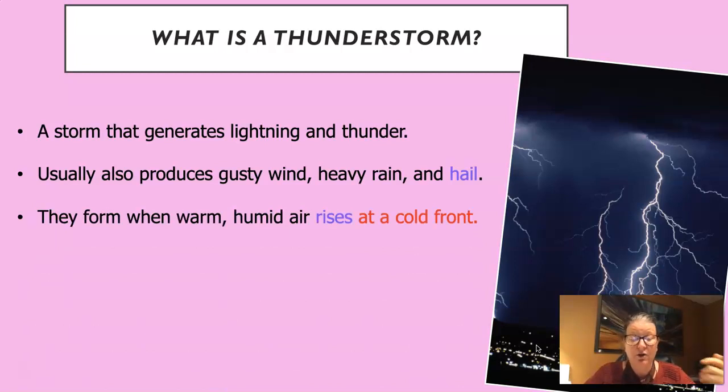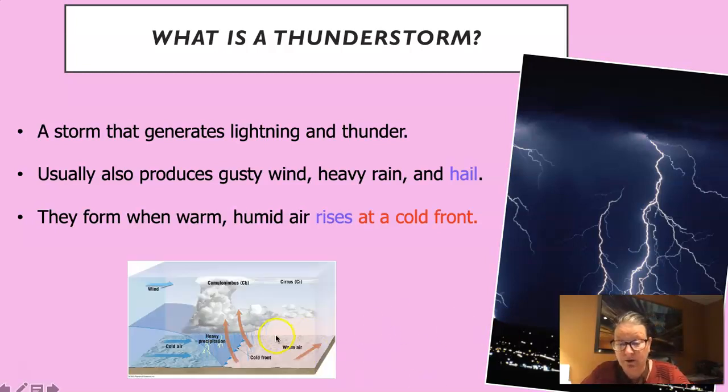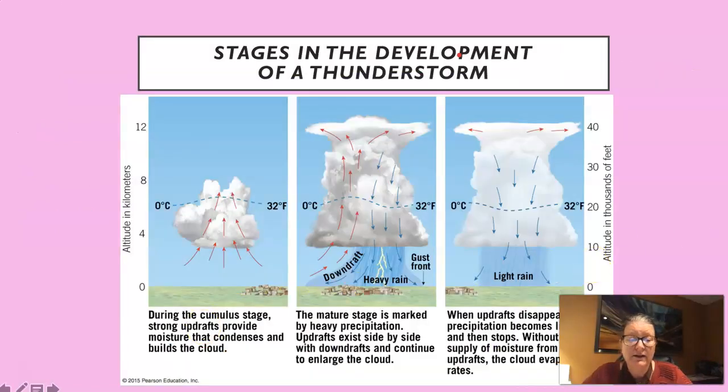Thunderstorms are associated with cold fronts because we have rising warm air at the leading edge of the cold fronts. And I'm just reminding you here of that picture. Here's a cold front with cold air coming in from the left, and warm, moist air is being forced upwards and forming cumulonimbus clouds. And so it's right here at the leading edge of the cold front where we have those thunderstorms forming.